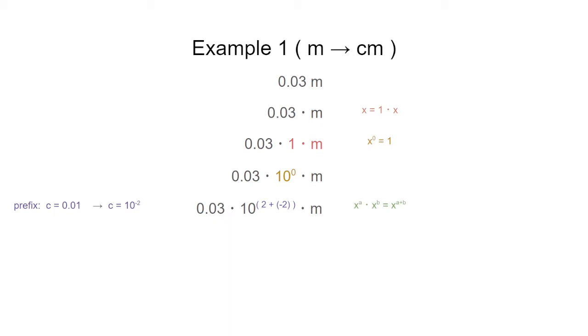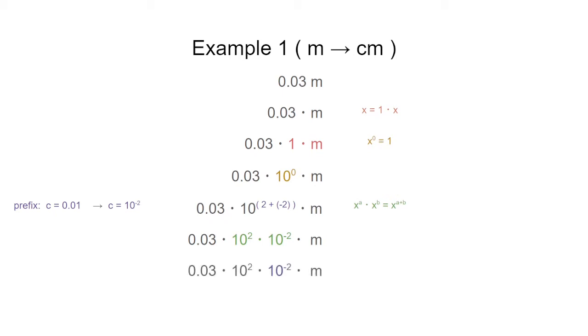Now we will use the third rule to separate our power of 10 here into 10 to the power of 2 times 10 to the power minus 2. Now we see where we're going.